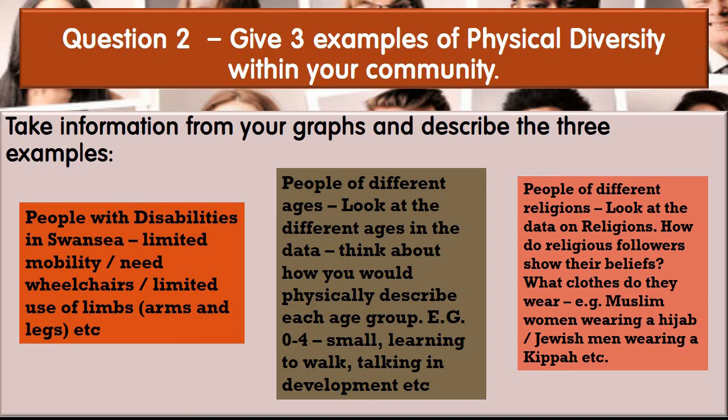So with Christians, some Christians may choose to wear a cross around their neck, for example. So what physically shows that that person is a member of that particular religious community? So that should be your third example. So within the box, you are giving 3 different examples of physical diversity.